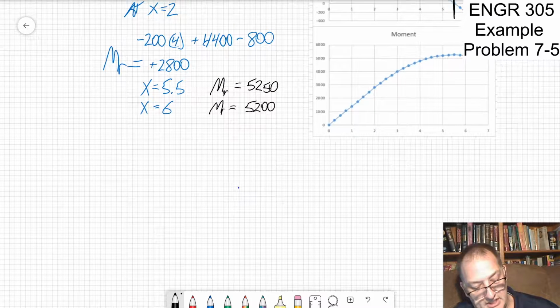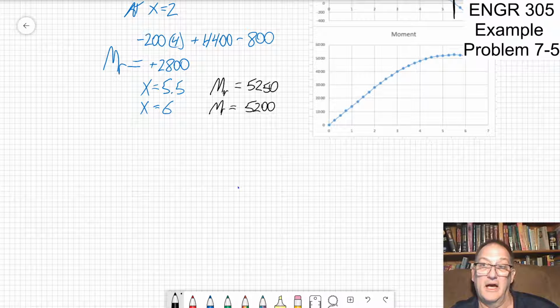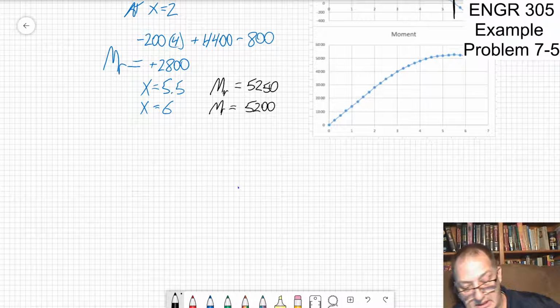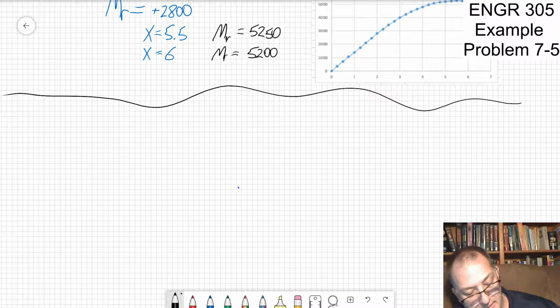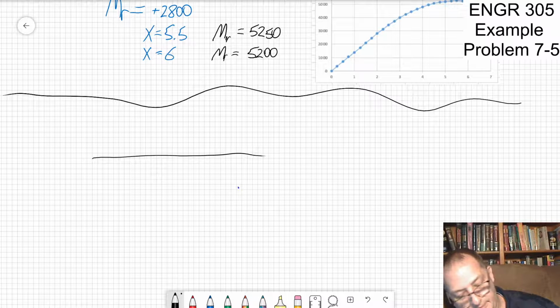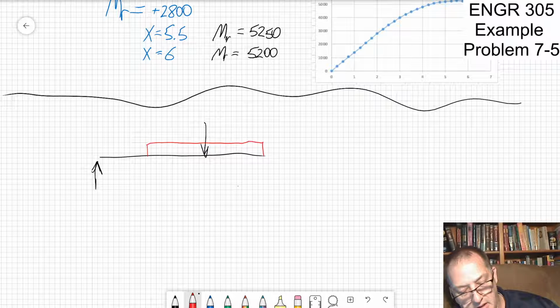It really looks a lot like the previous sections, except, here you go, squiggle, because we're starting over. My beam now looks like this: I've got a load there, and I've got a load there, and then I've got a distributed load here up to the point where I cut that thing off.